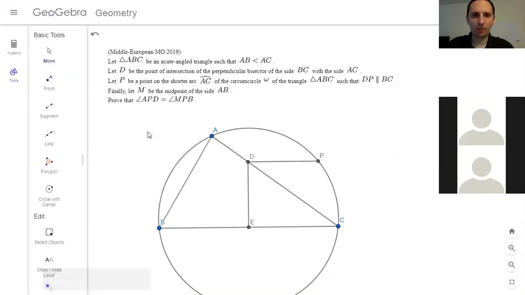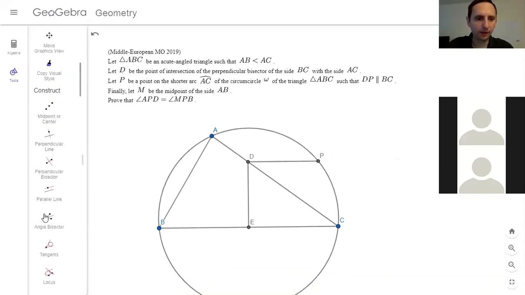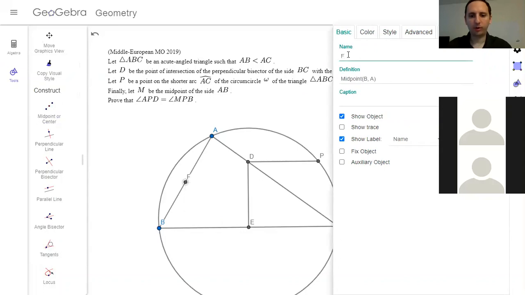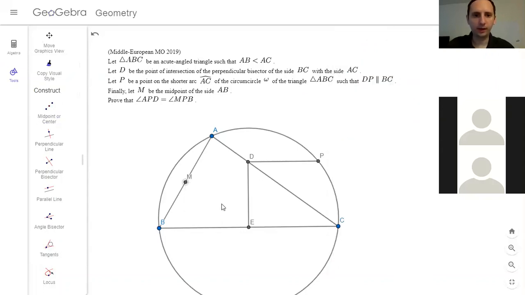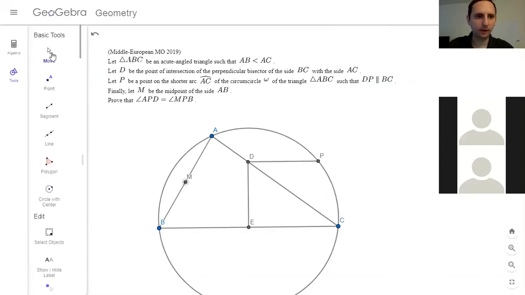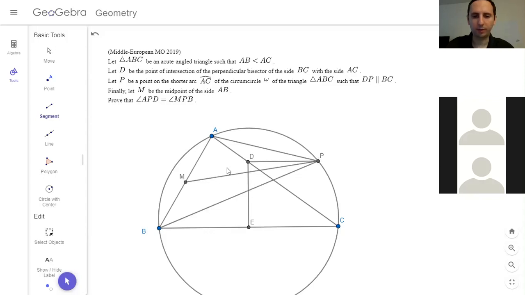All right, so M is the midpoint of the side AB. And we want to show that angle APD equals angle MPD. So does that just mean that these triangles are similar, maybe?